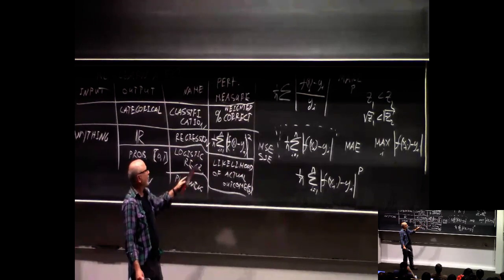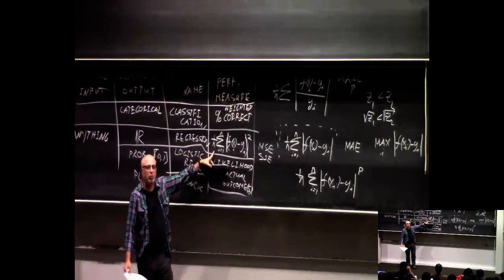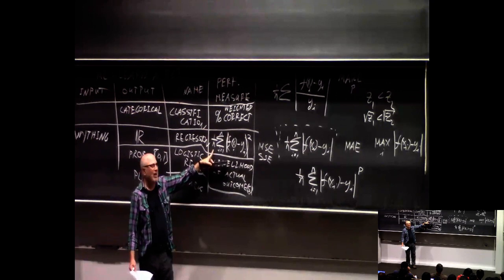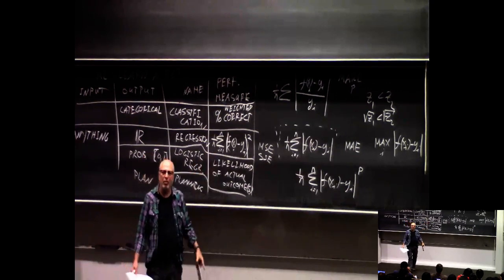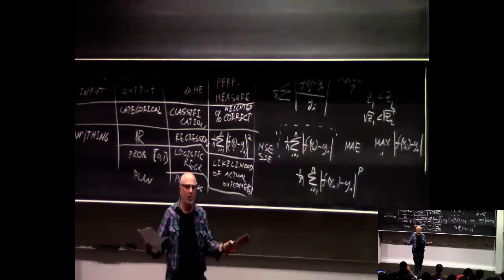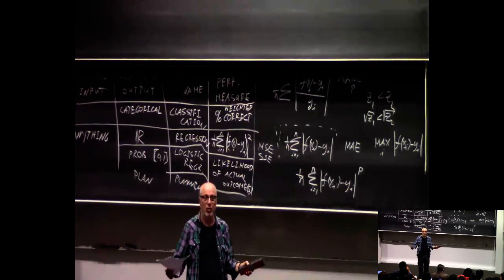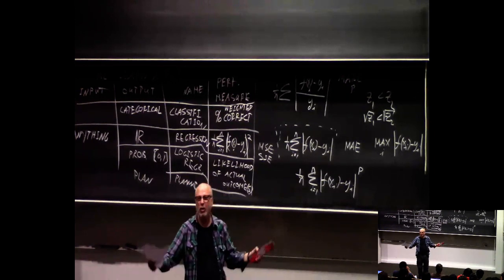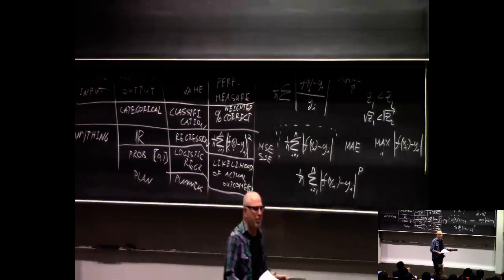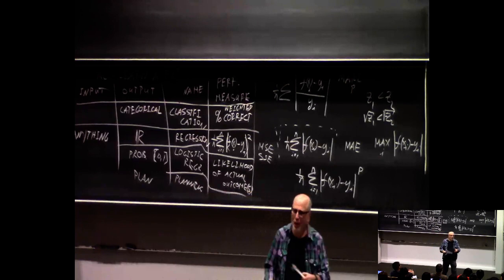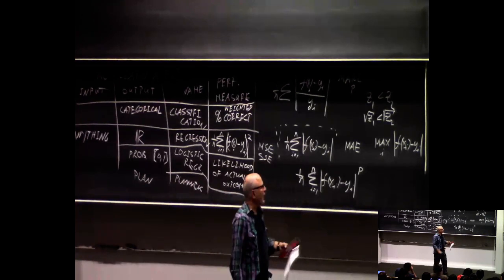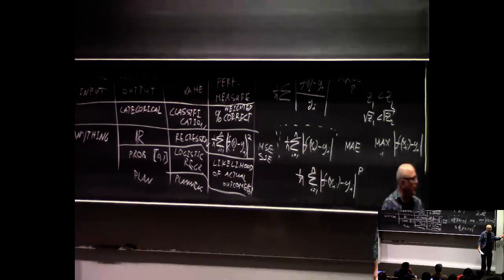In the case of LP norm, we were careful to put a 1 over n here. And I think I mentioned that it really doesn't matter for the purpose of finding the better function because n is a constant. But it matters if you compare test sets of different sizes, right? You want to look at the average behavior. The question here was, why not apply the same idea to the likelihood?